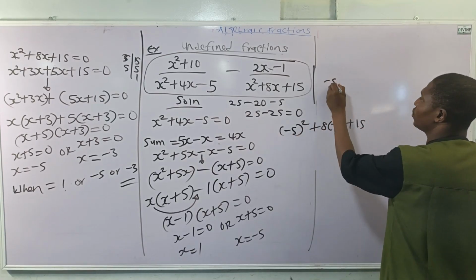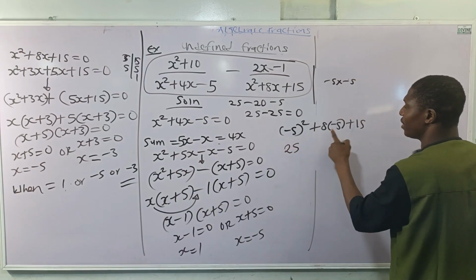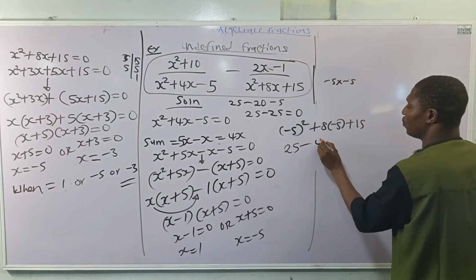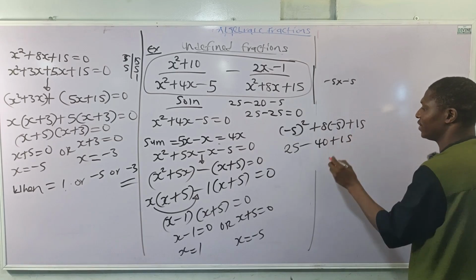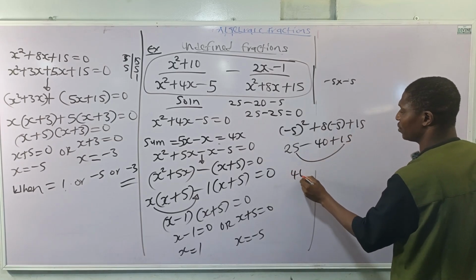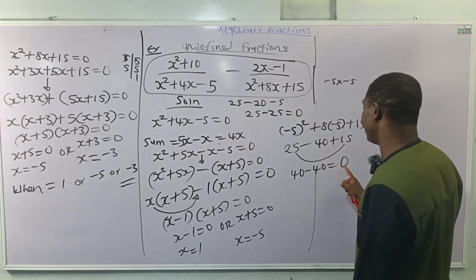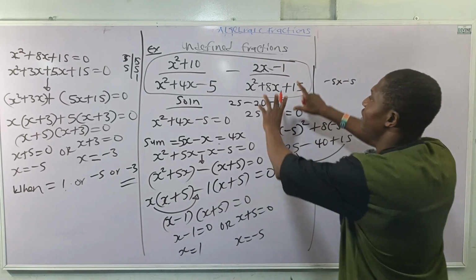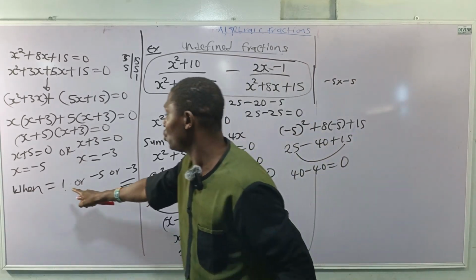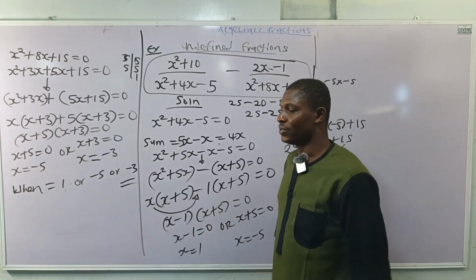Minus 5 times minus 5 will give me positive 25. Plus minus is minus. 8 times 5 is 40. Plus 15. 15 plus 25 will give me 40. So I have 40 minus 40, which is equal to 0. And 2x minus 1 divided by 0 is undefined. So this entire expression is undefined when x is 1, or x is minus 5, or x is minus 3. So that is it.